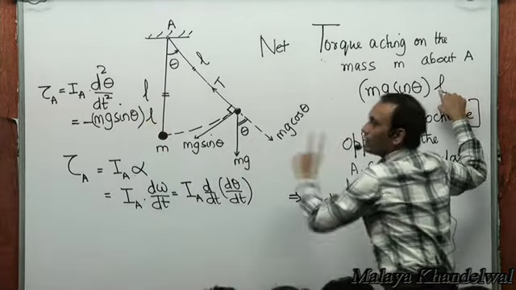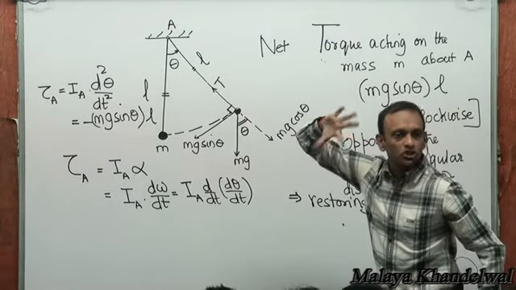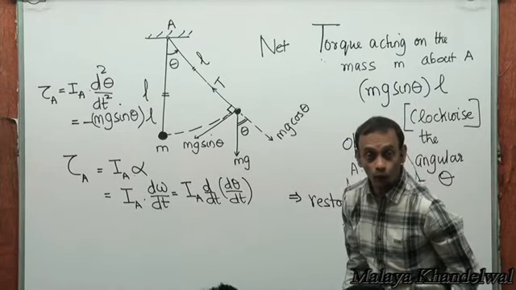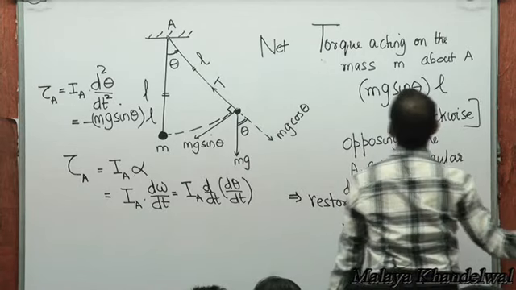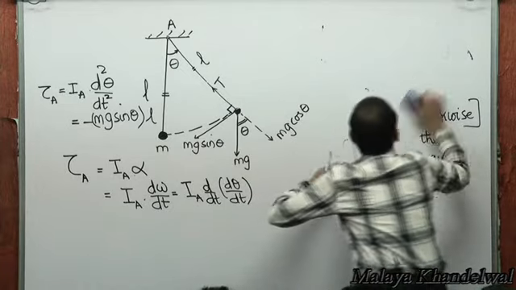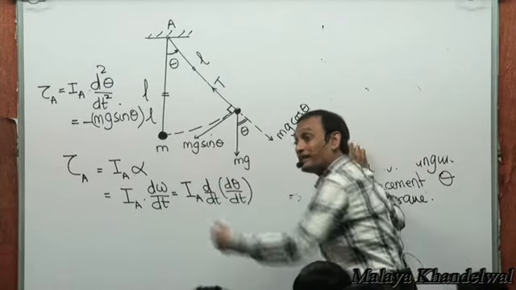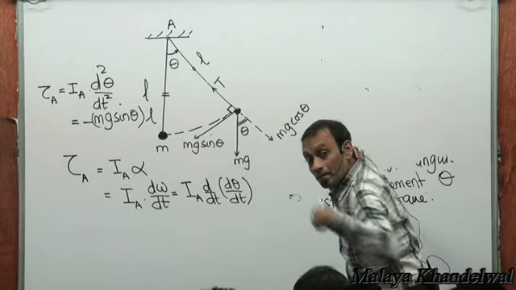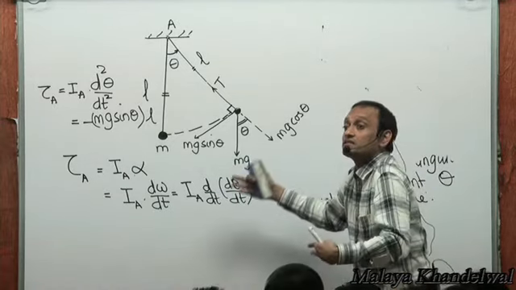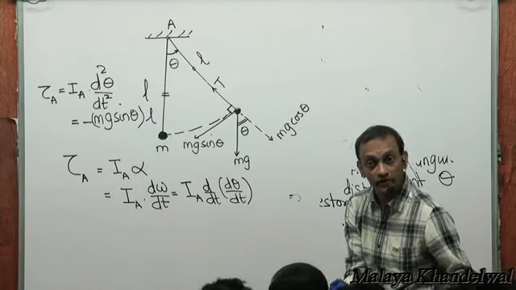That's the magnitude of the torque, but written negative because it's clockwise. The minus sign physically also means that it's a restoring torque. Like in F equal to minus kx, the minus also symbolized a restoring force. In this case, the minus symbolizes a restoring torque.